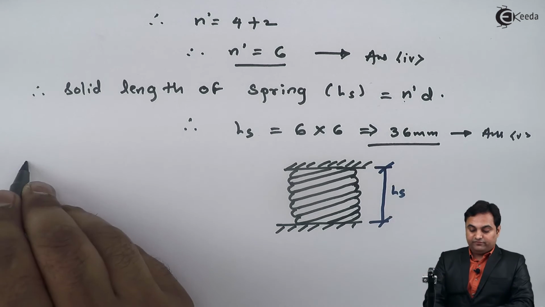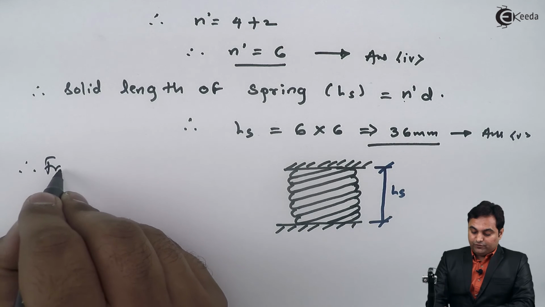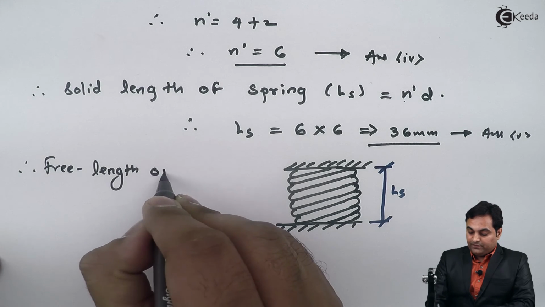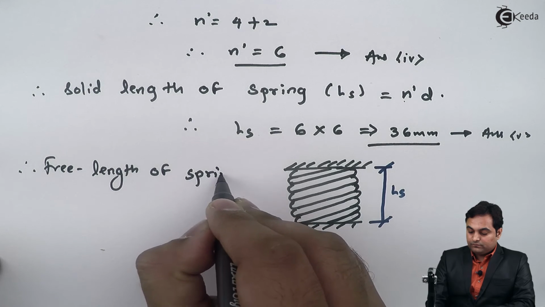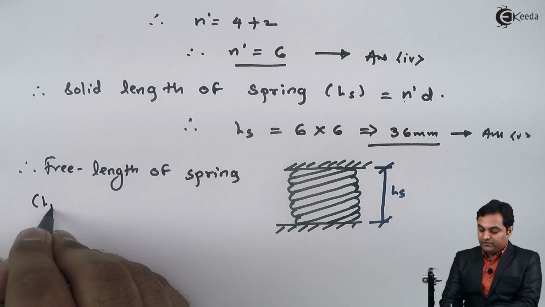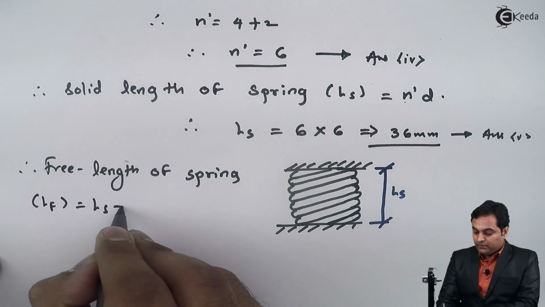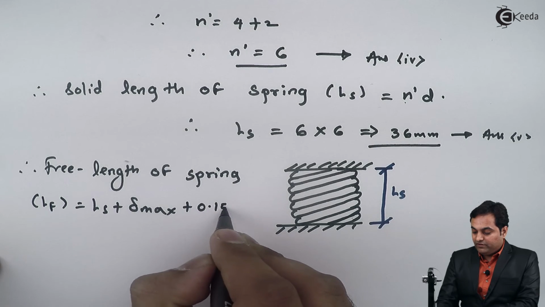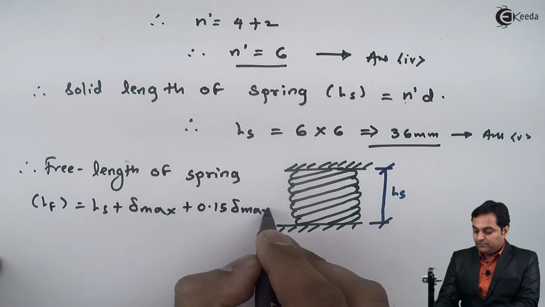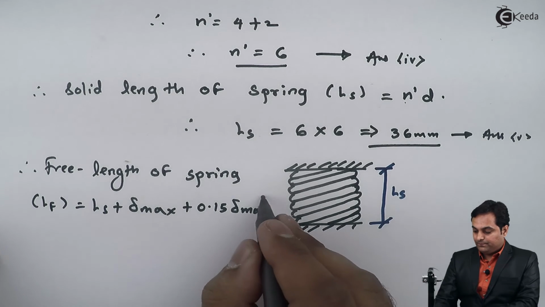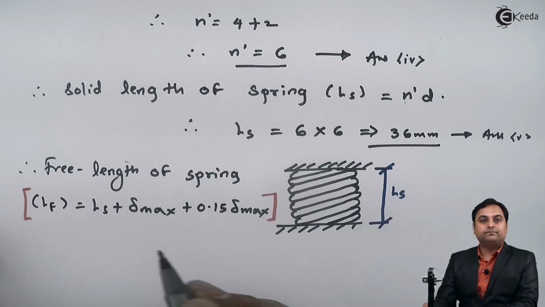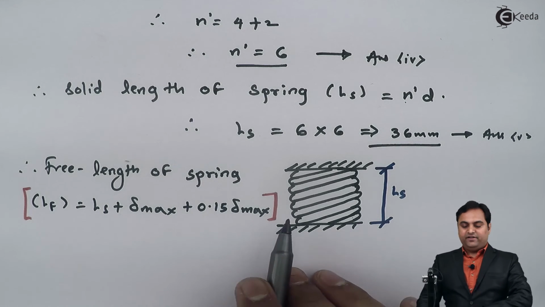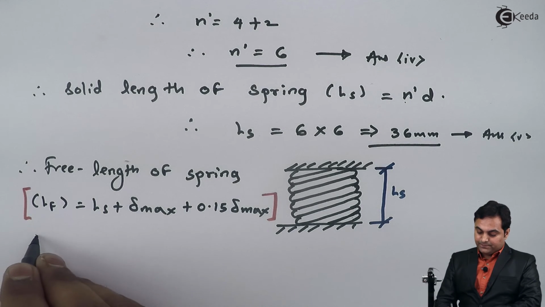So solid length we have calculated. After this I'll write down free length. Therefore free length of spring, LF, is equal to solid length plus maximum deflection plus 0.15, that is 15% of maximum deflection. Here the free length formula I have written, so I'll put the values in this.